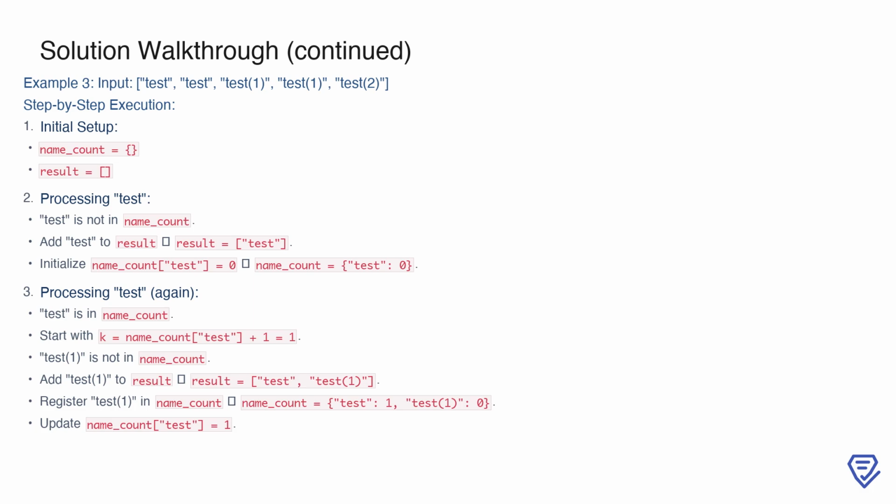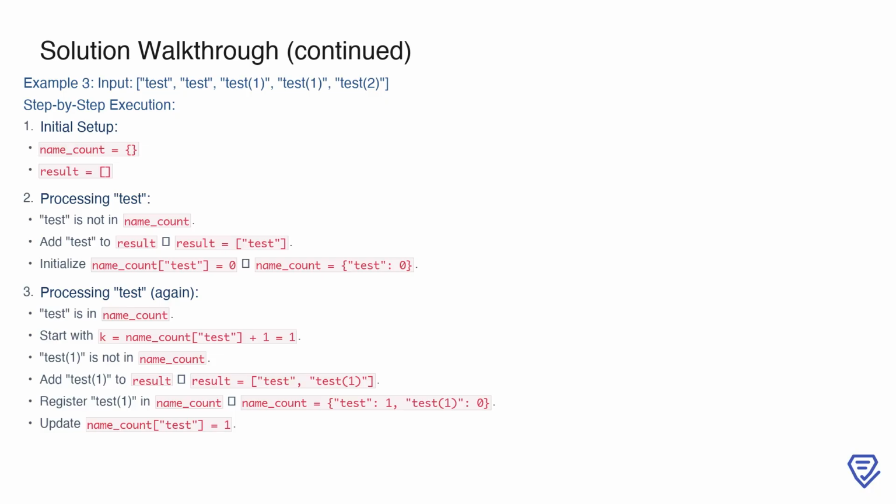In the third example, the input array is test, test, test(1). We begin by initializing name_count as an empty dictionary and result as an empty list. The first string, test, is not in name_count, so we add it to result, making result equal to test, and initialize name_count[test] to 0.